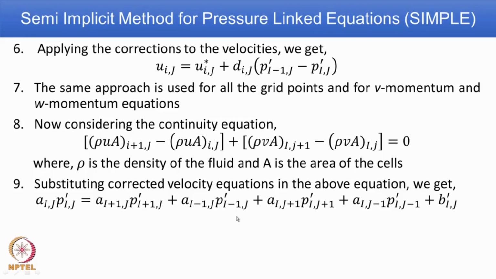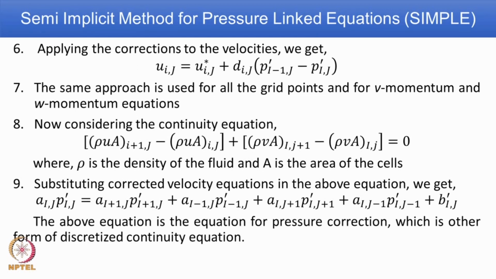So, this equation has a form similar to other discretized equations. The above equation is the equation for pressure correction, which is another form of the discretized continuity equation. This step is what is known as the pressure velocity coupling step.